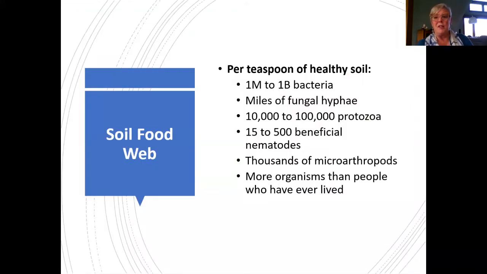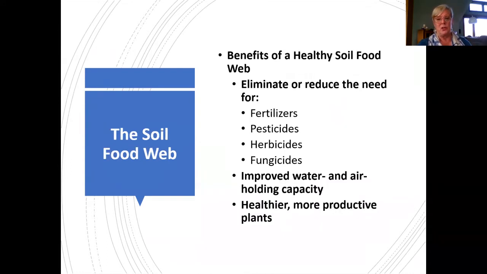A teaspoon of healthy soil can contain 1 million to 1 billion bacteria, miles of fungal hyphae, and all of these other organisms. So even microarthropods can be in the thousands in just a teaspoon of soil. And the greater the biodiversity of those organisms, the greater the health of your soil itself.